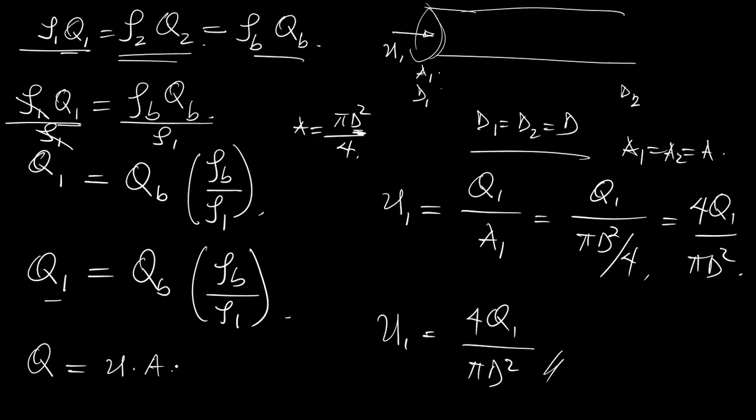So using this expression, we have the velocity to be like this. Now let's go further. Velocity equal to 4 Q all over pi d square.